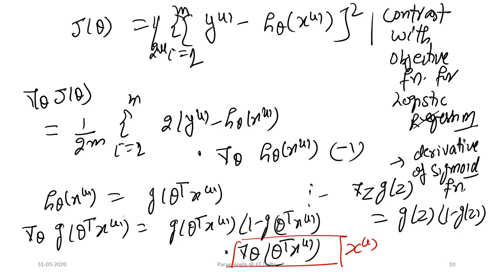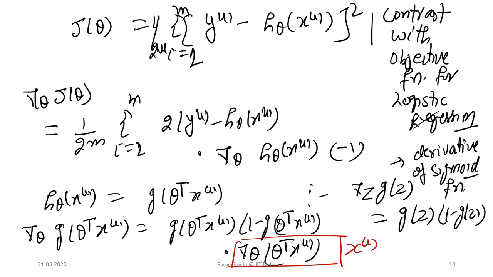Now h theta x i is g of theta transpose x i, and as an aside, the derivative of g of z with respect to z, which I will not derive again, is simply g of z times 1 minus g of z. This is the derivative of the sigmoid function, and we will use this property to find the gradient of g of theta transpose x i.